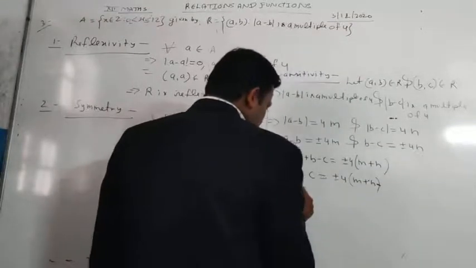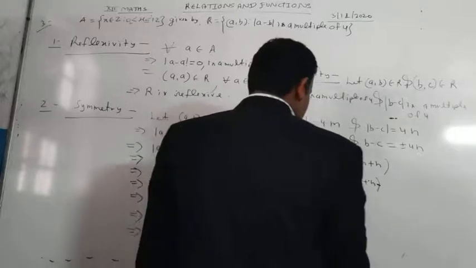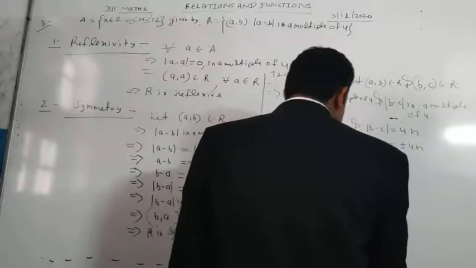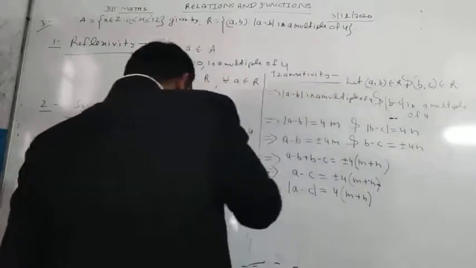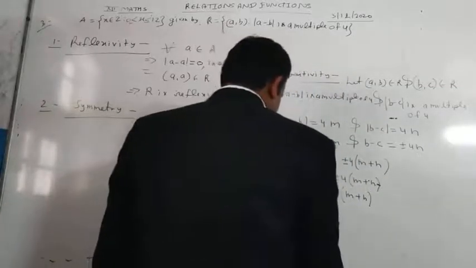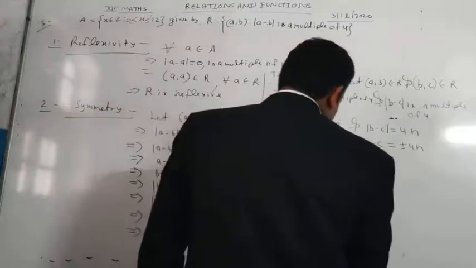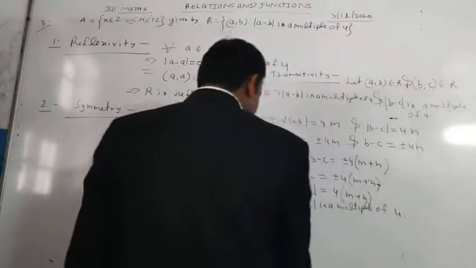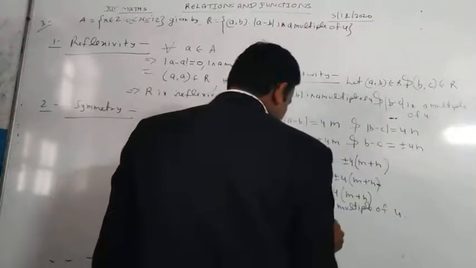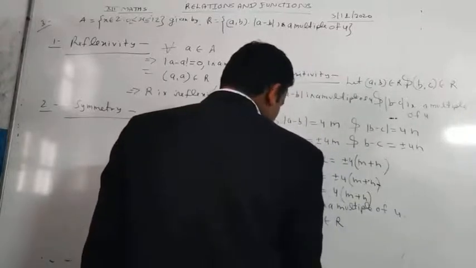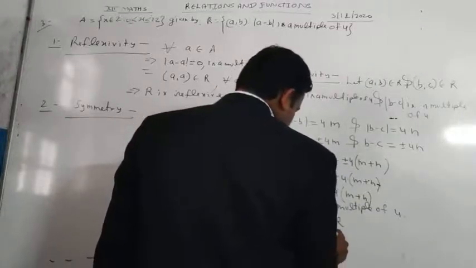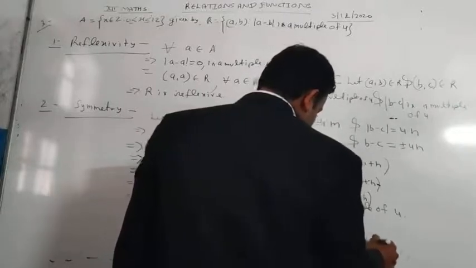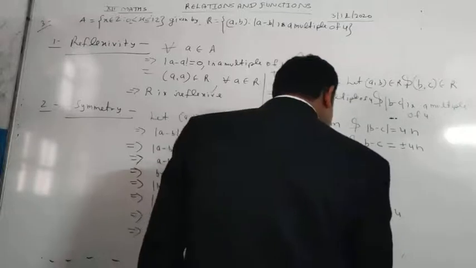Now you can write A minus C is 4m plus n. Now we can say that A minus C is a multiple of 4. This implies A, C belong to R. So R is transitive.